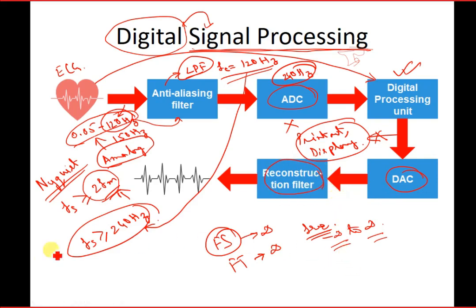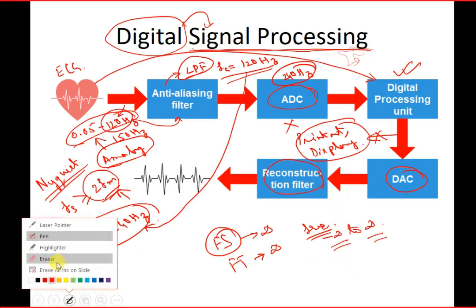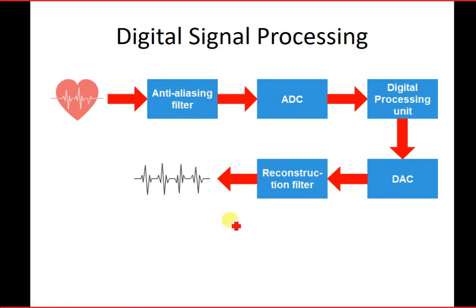So what is the reconstruction filter? When you have these digital signals, you will be having some amplitude values, say here. So how will it vary?